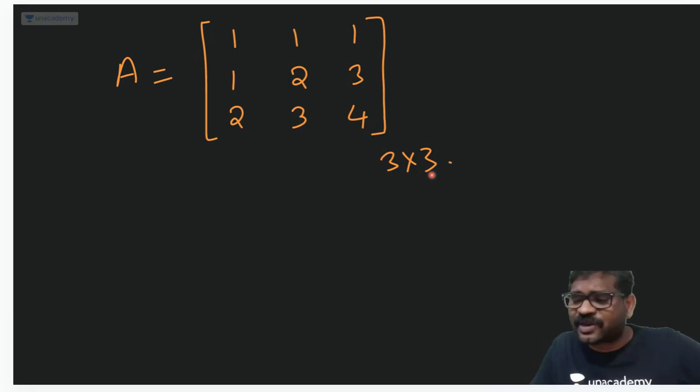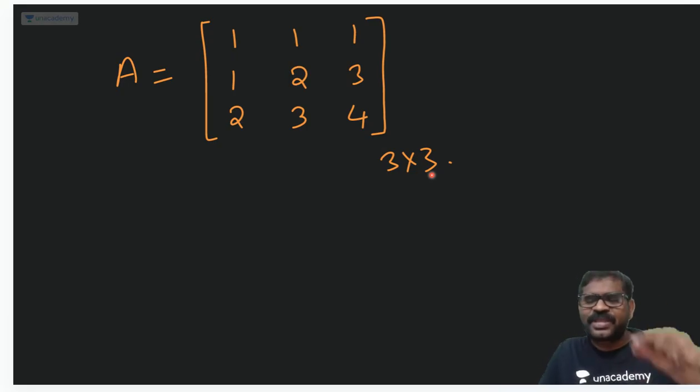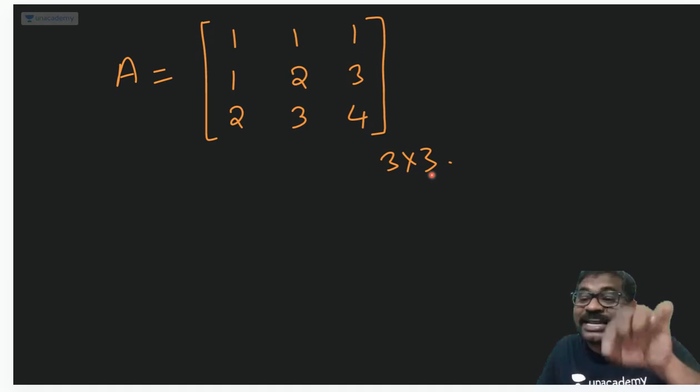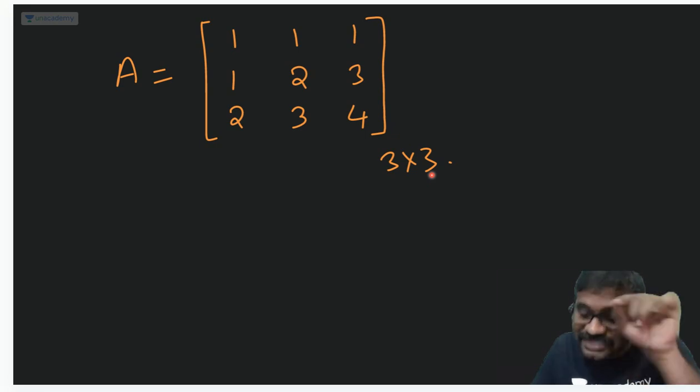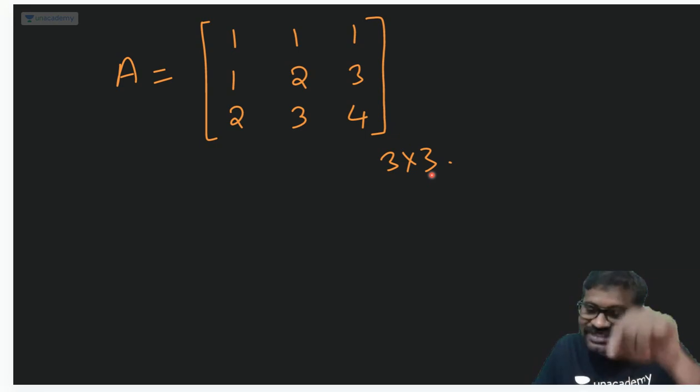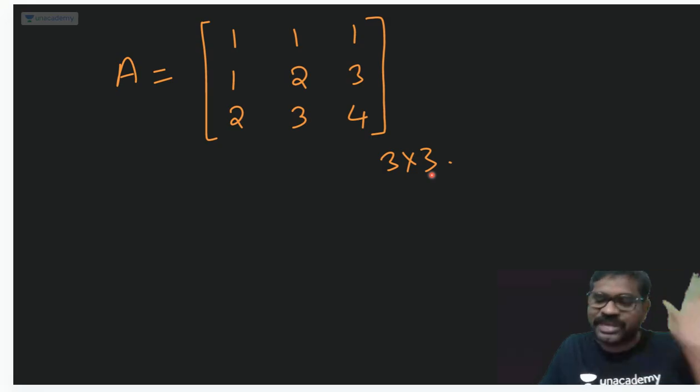The matrix is 3 cross 3. The highest possible minor is, tell me, the minimum of 3 comma 3, which is 3. That's why the 3 cross 3 minor is the highest possible minor.